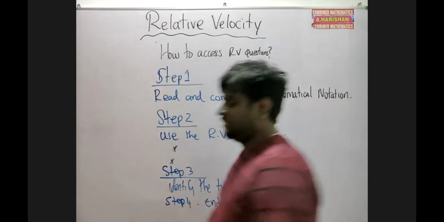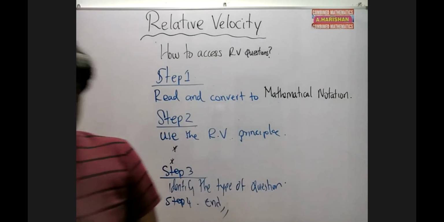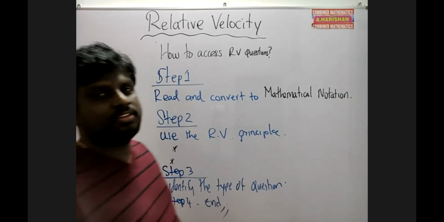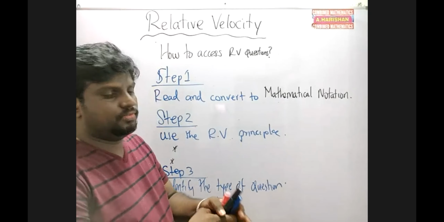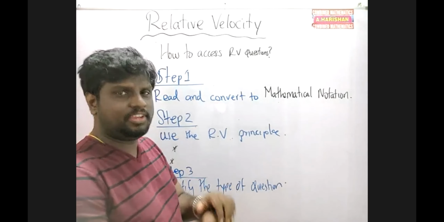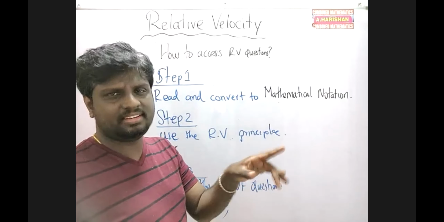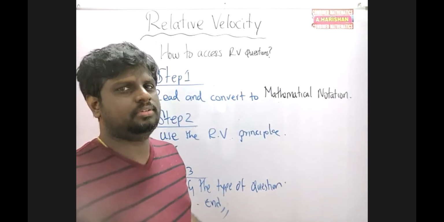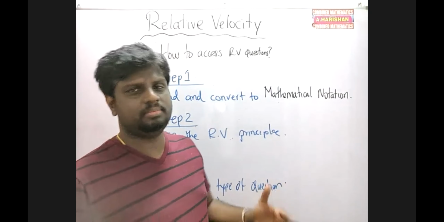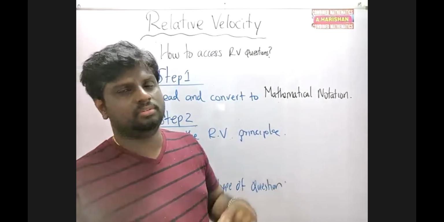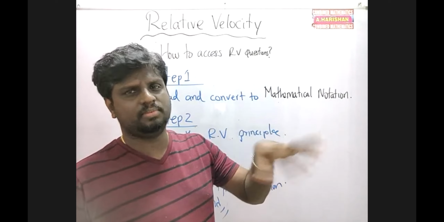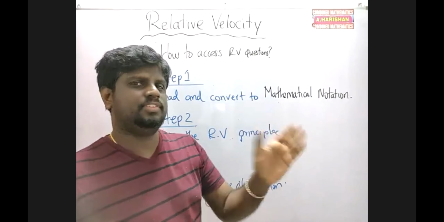So easily you can finish this relative velocity within 4-5 classes. If you can put 2-3 classes continuously that way, like I did in the other stream. Sometimes I call them and send a message. The first 3 classes we'll put continuously in the morning and finish something like that.